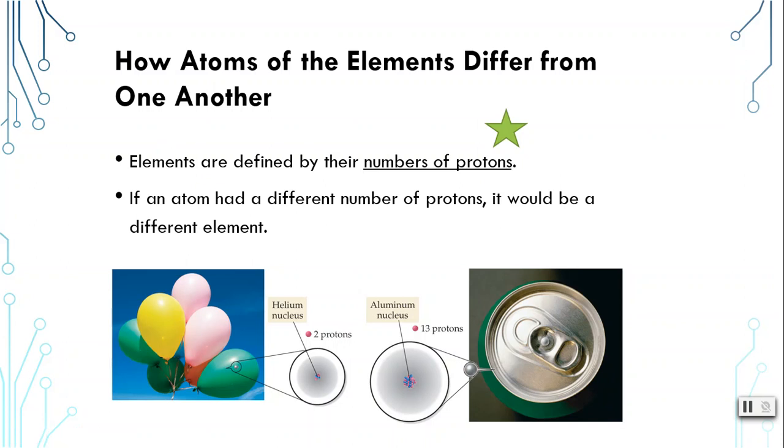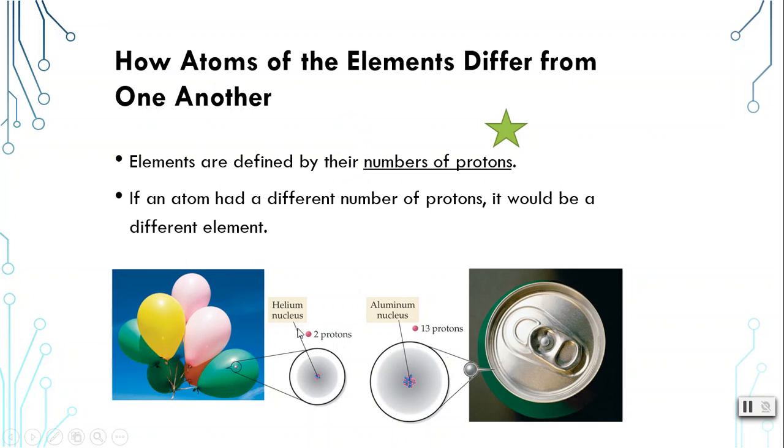Protons, protons, protons. So if an atom, the particular element, had a different number of protons, then it would be a different element. And we're going to see that come into play also when we start looking at the periodic table. But elements are defined by their number of protons. If an element has a different number of protons than another element, then they are not the same element.